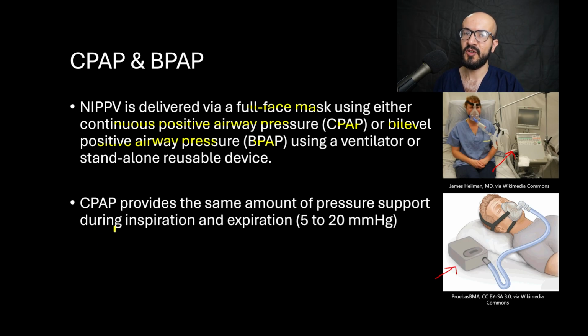Continuous positive airway pressure provides the same amount of pressure support during inspiration and expiration, with pressure delivered from 5 to 20 millimeters mercury. So you start with 5 millimeters mercury and you titrate up according to patient response.